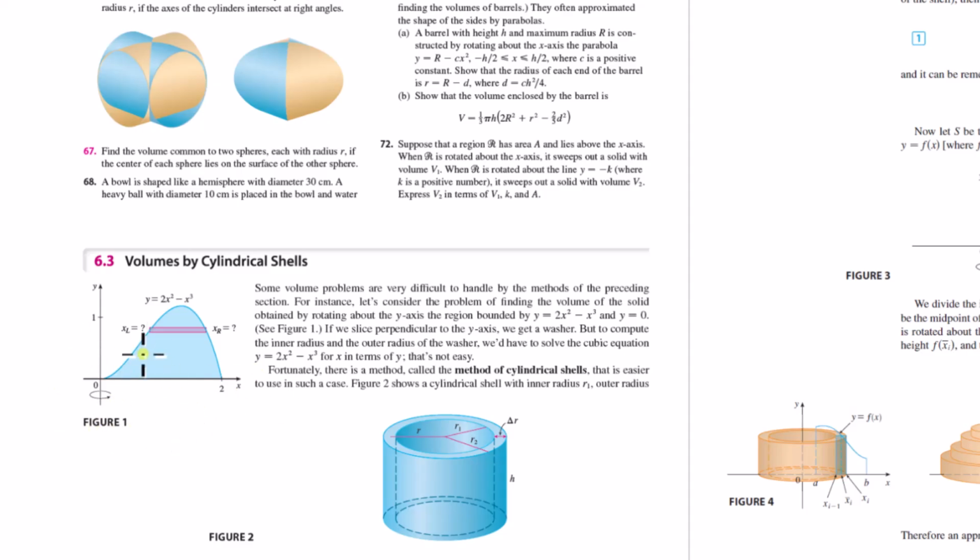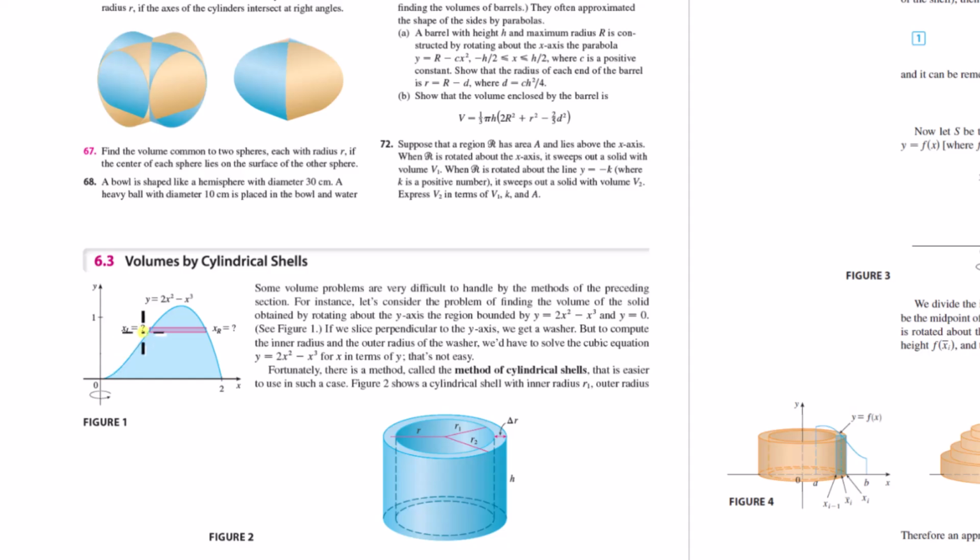Using the right cylinder method, which in this case would be the washer method, what we would do is treat y as the independent variable. We would get x as a function of y, so we can get these distances, and then find the cross-sectional area as a function of y. How would you do that?